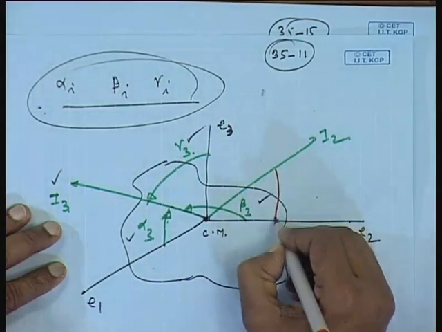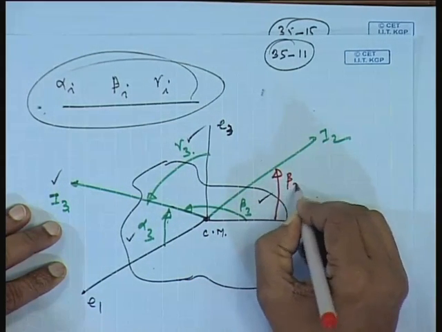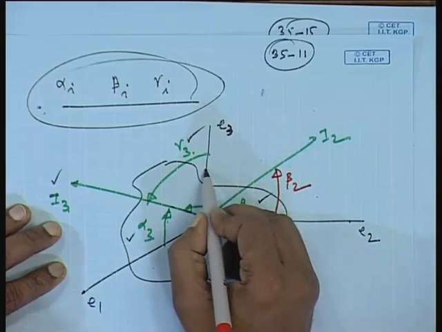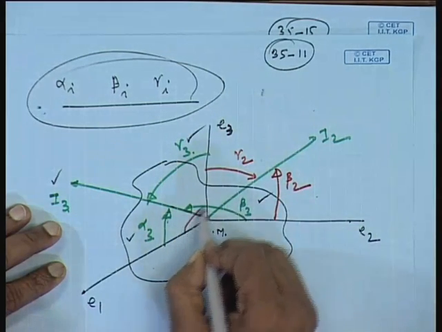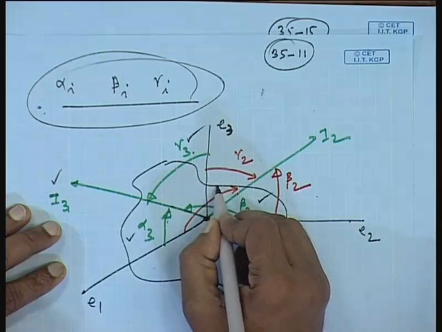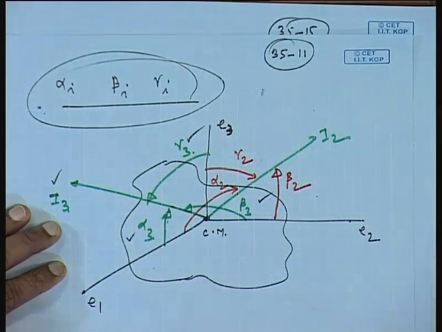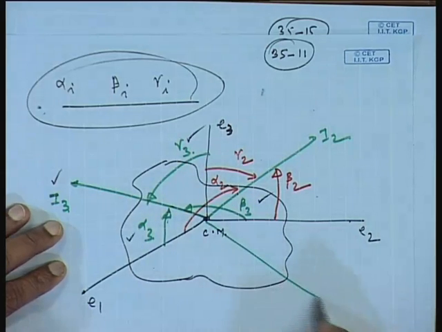So, here now this angle will be your beta 2 and this angle will be gamma 2, and the angle from here to here, this we write as alpha 2. And then finally, you may have I1 in this direction. So, this I1 also you need to fix.